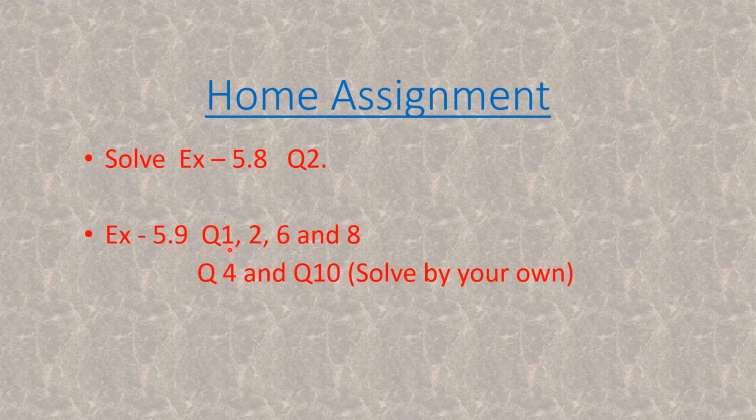We have discussed today question number 1, 2, 6 and 8. So these 4 you will write in your note copy, and this question number 4 and this question number 10 you will solve on your own in your note copy. Clear? In our next video I will give the solution of question number 4 and 10 also, so that you can match your answers.